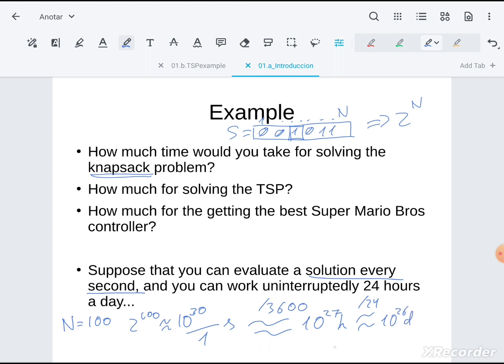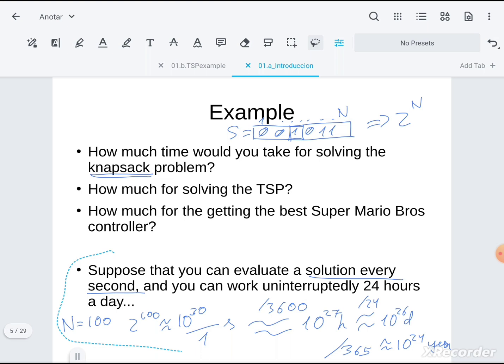If you divide by 24, you will have something like 10 to the 26 days. And if you divide by 365, you will have something like 10 to the 24. Being optimistic, 10 to the 24 years. So there is no time to evaluate all the possible solutions.